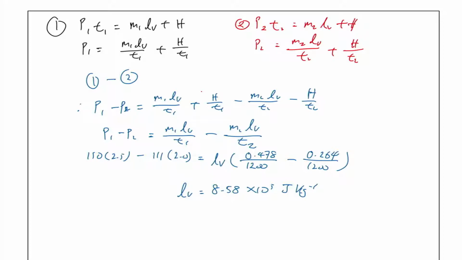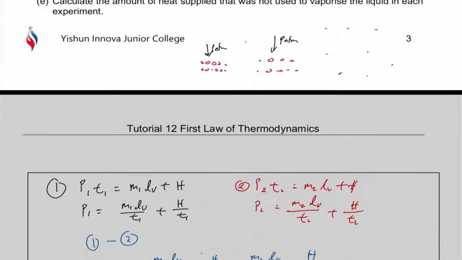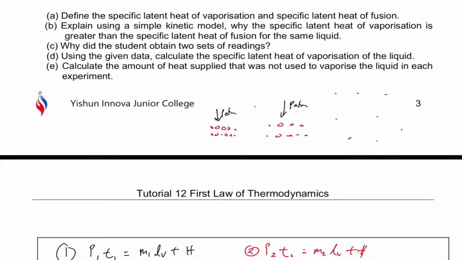Alright, then next you are asked to find the heat loss. You are supposed to find the amount of heat that was not used to vaporize the liquid in each experiment. So do I need to do both? Let's see.